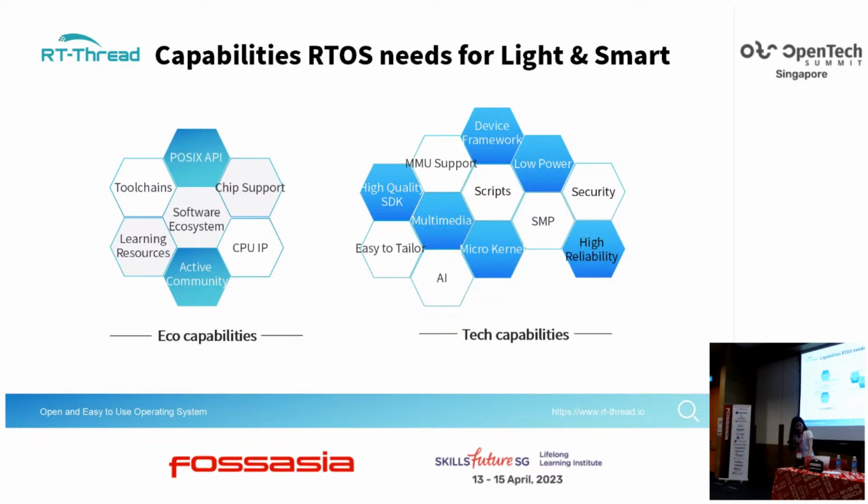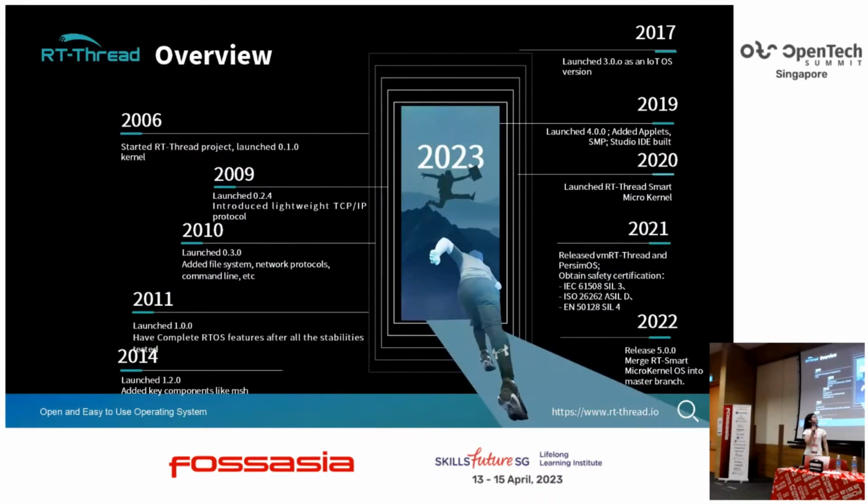So today I bring the Artifra RTOS project. Artifra is an open source real-time operating system that was born in 2006. It was originally generated as a kernel, and we started this project in 2006.